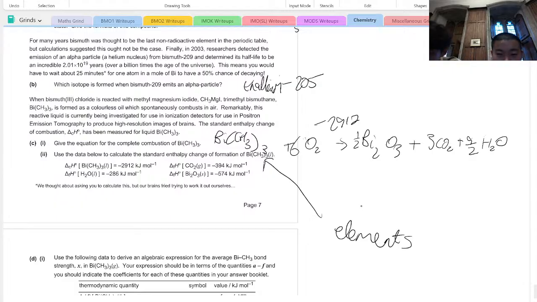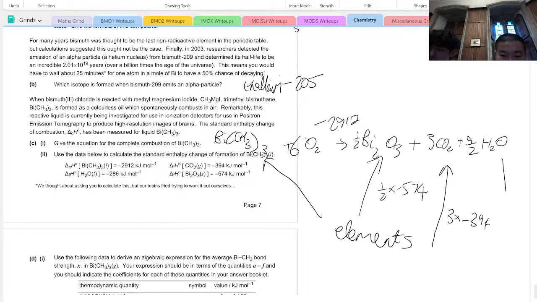Okay, so Bi2O3, so that's half of minus 574. So 3 times minus 394. Minus 4.5 times 286. And I guess if we're going this way, it's plus 2912.